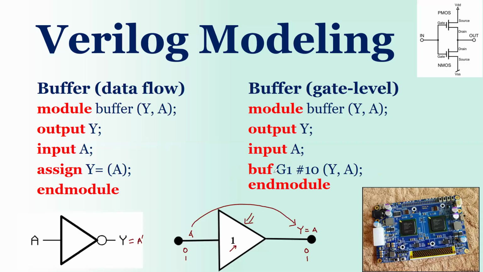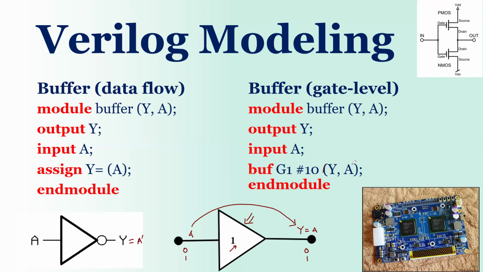That means I am instantiating the buffer by calling this primitive. I'm just instantiating that gate in my code. My code will pick up that primitive, and the gate is G1.